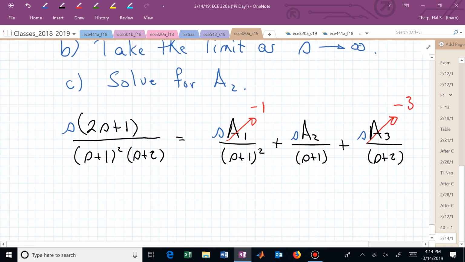Now can I do the following? Can I just down here say what happens as s goes off to infinity? That's what I'm doing now. What happens to this left-hand side of the equality when I let s go off to infinity? Well, the highest power of s in the numerator is going to be divided by the highest power of s in the denominator.